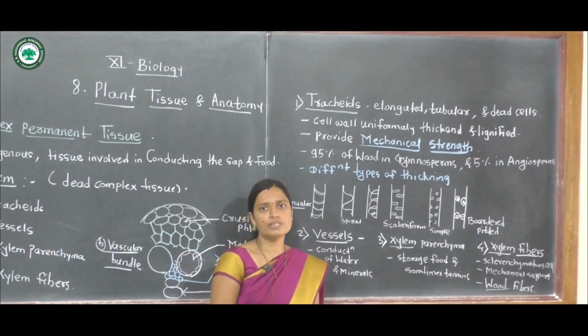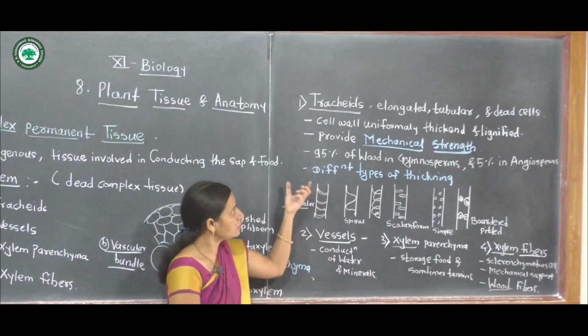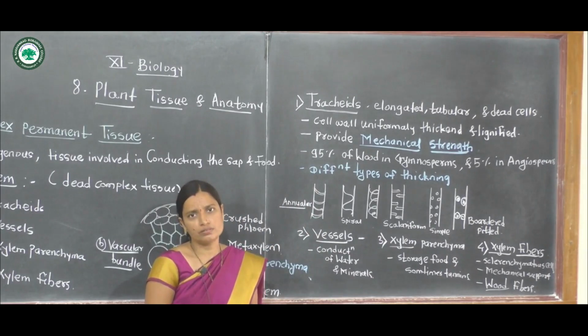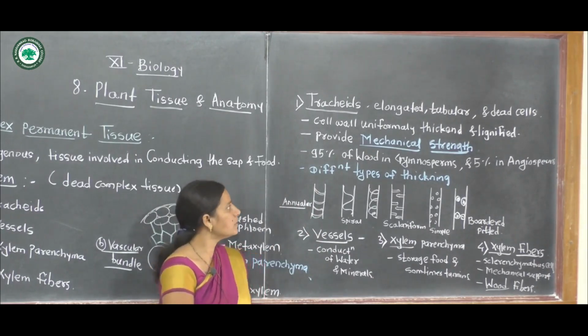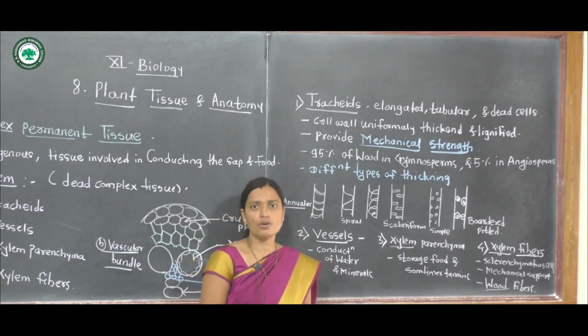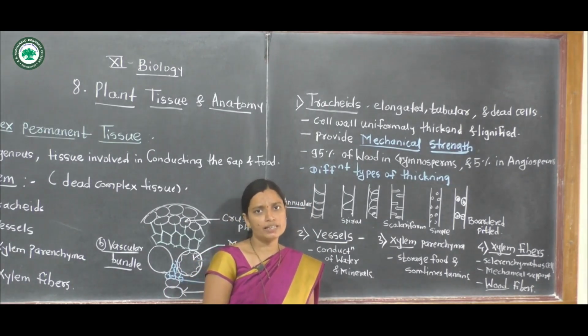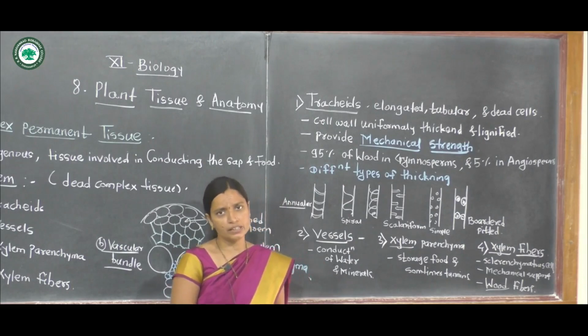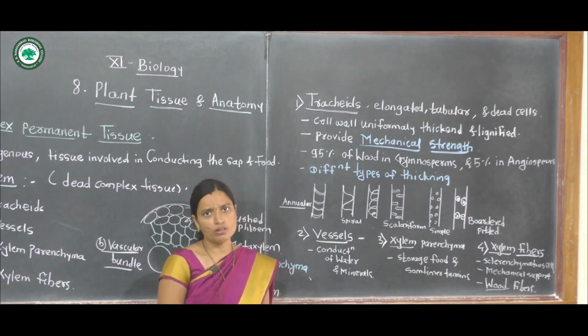The cell wall of tracheids is uniformly thickened because of lignin deposition, and that is why the cell wall is thick.